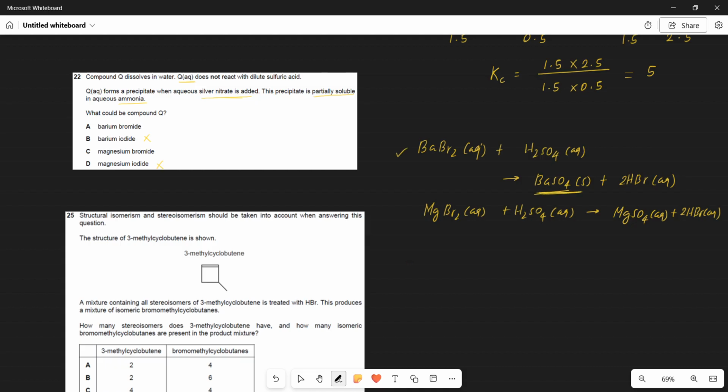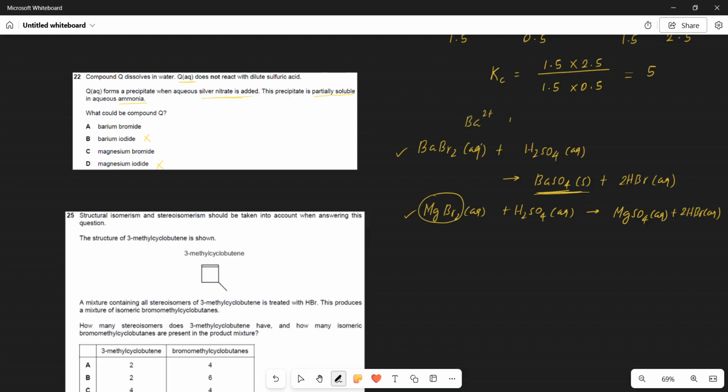In the first case, you have the solid formed, precipitation. So it shows me a clear, visible inference of the reaction. When I consider here, all of the solutions are aqueous and they are colorless. Even though they react, it's going to be colorless. I don't have any visible change in this. So I can say MgBr2, that is magnesium bromide, is the right choice here, not the barium bromide, because with barium bromide I can see a visible change of reaction.